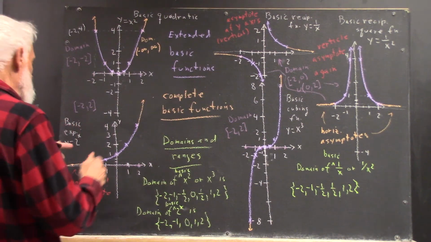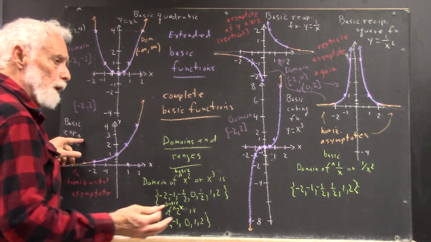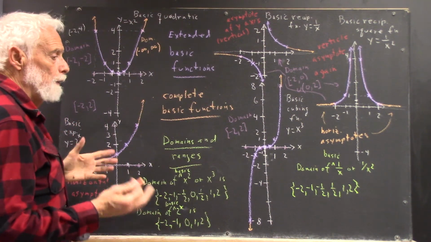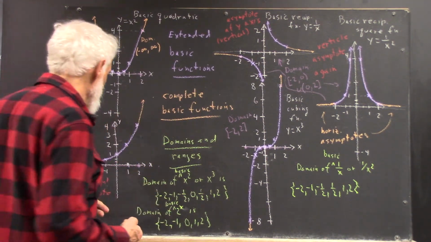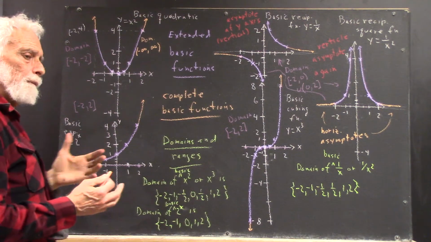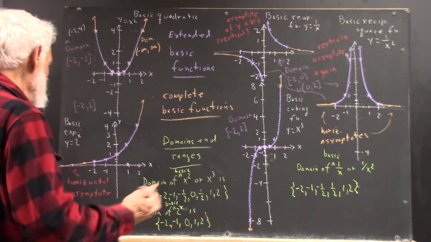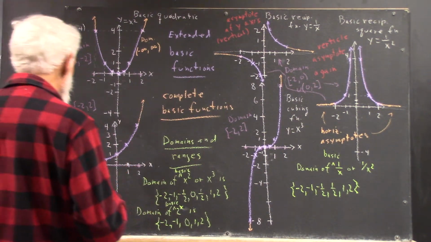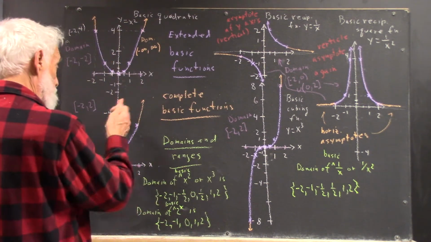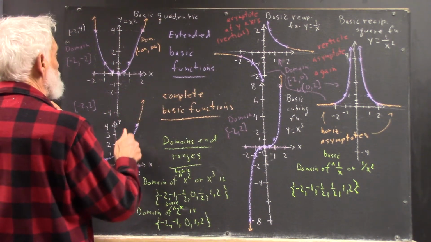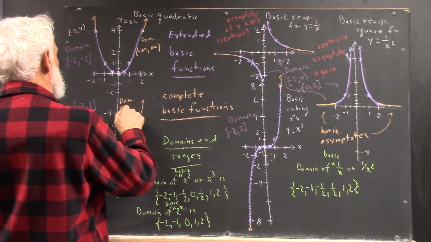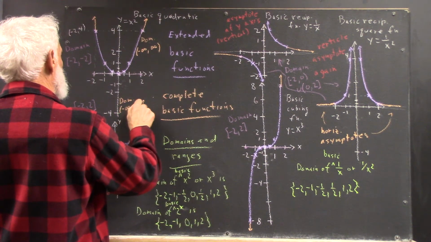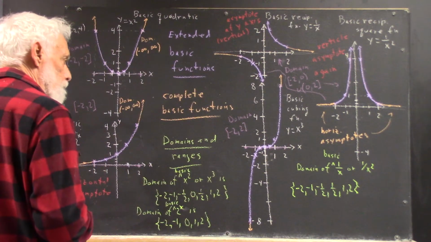So 2 to the x, no matter what x you put in your calculator, it'll give you a result. Well, if the number gets too big, your calculator overflows. But there is a value, and you need higher mathematics to prove that. So we won't worry about it, except to say that the domain, again, is negative infinity to infinity.